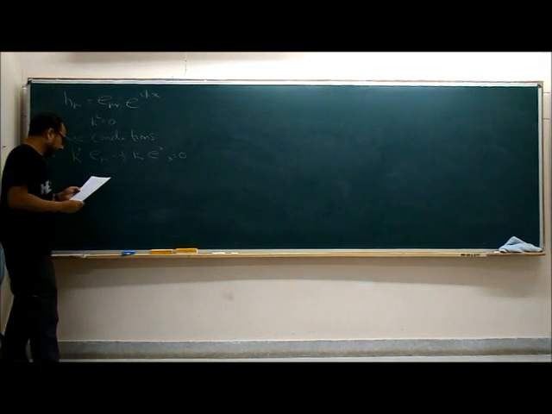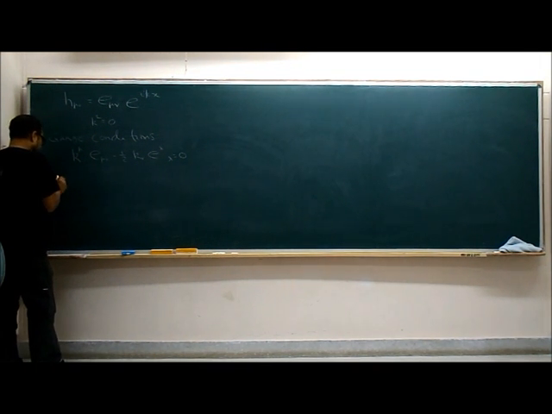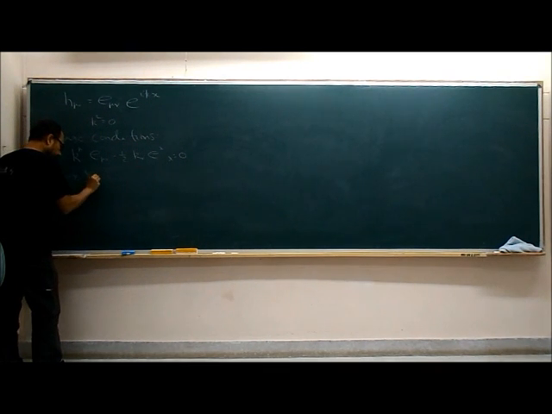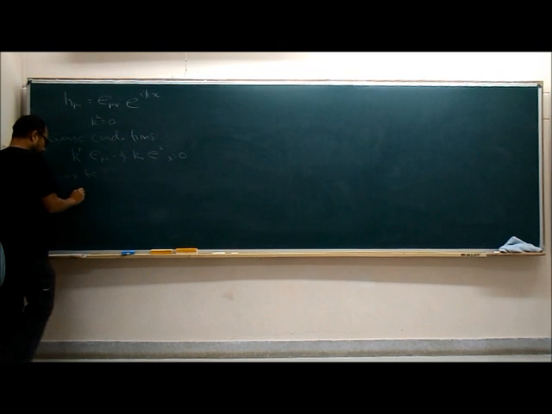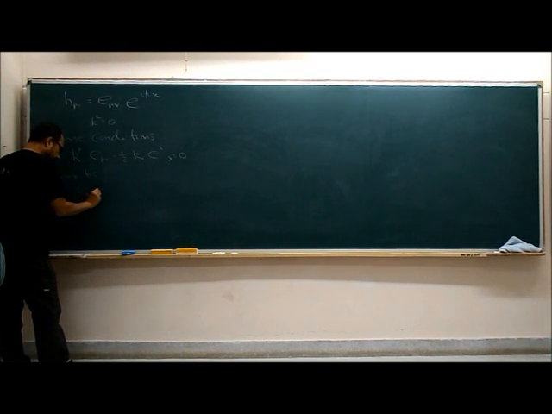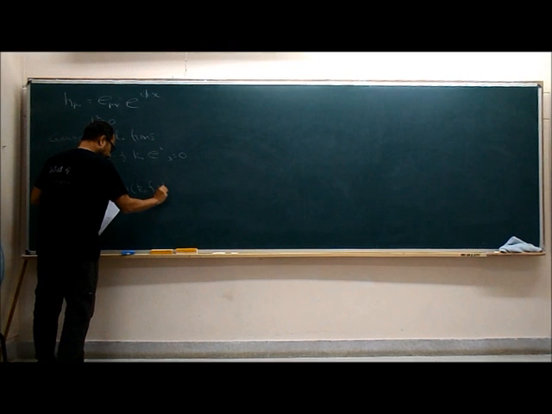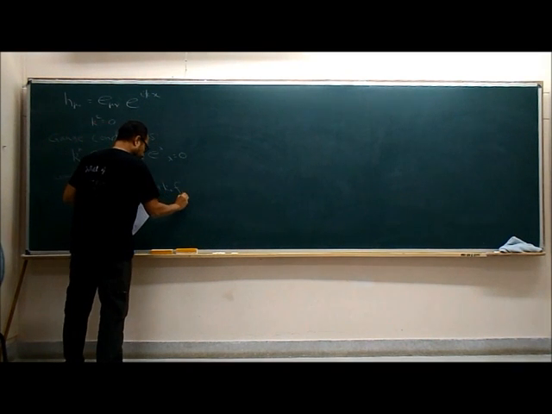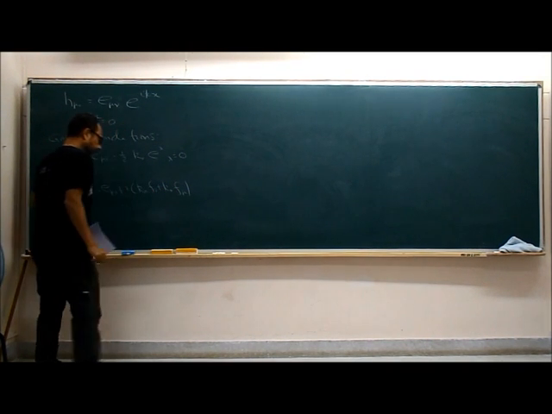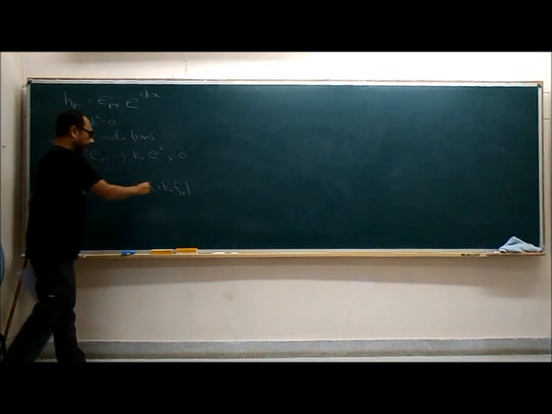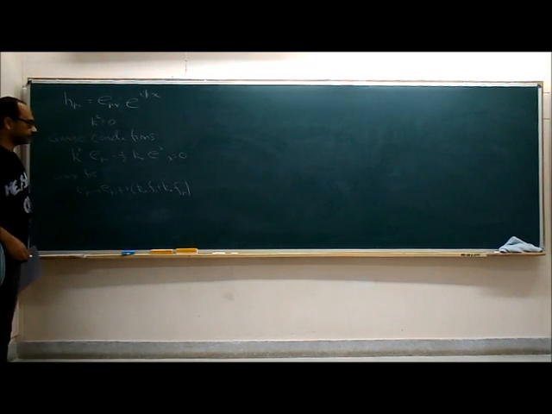And then we saw that there is a gauge transformation, which is E mu nu goes to E mu nu plus i, where f nu is arbitrary constants.